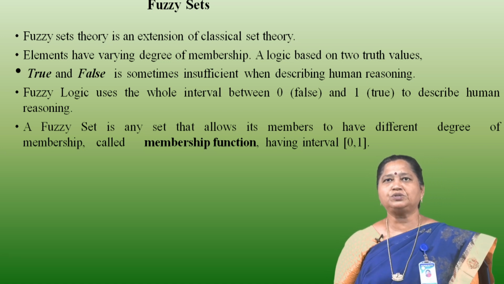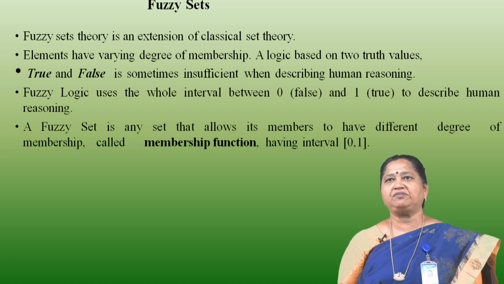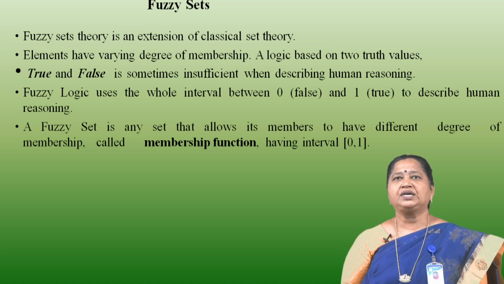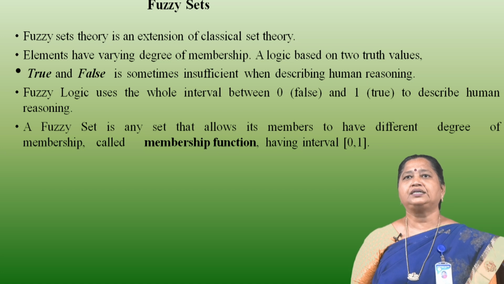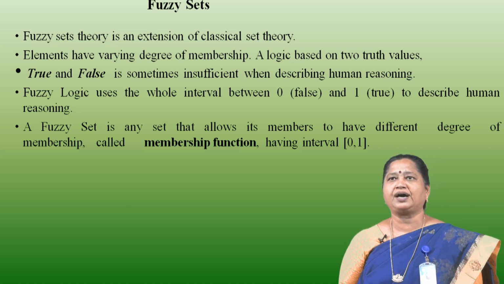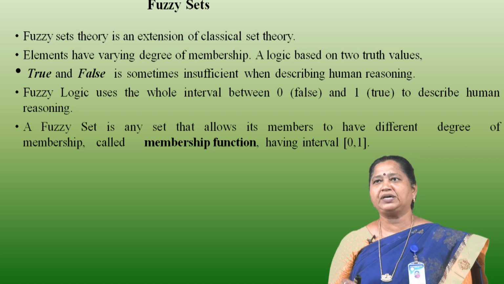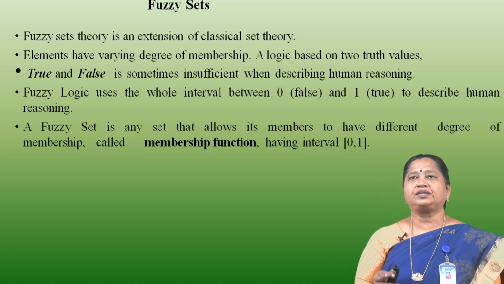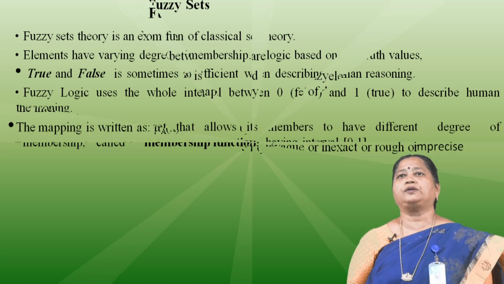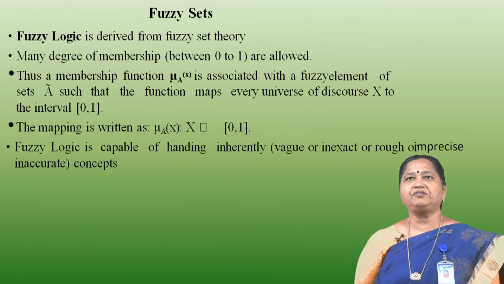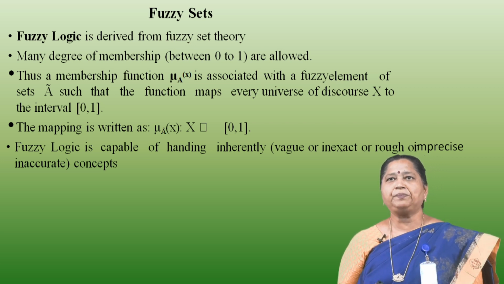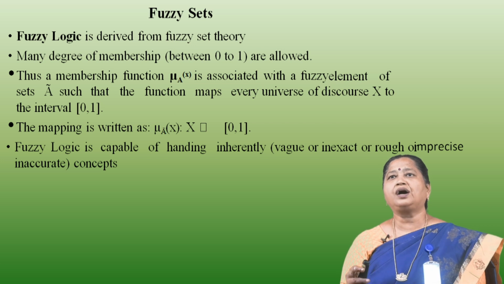Fuzzy logic uses the whole interval between 0, that is false, and 1, that is true, to describe human reasoning. A fuzzy set is any set that allows its members to have different degrees of membership, called the membership function, having values in the interval 0 to 1. Fuzzy logic is derived from fuzzy set theory. Many degrees of membership between 0 and 1 are allowed.